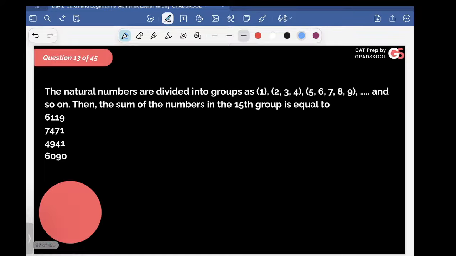Next, the natural numbers are divided into groups as this, and so on.